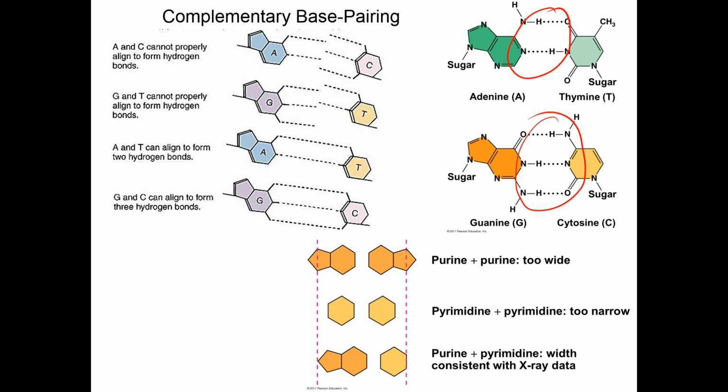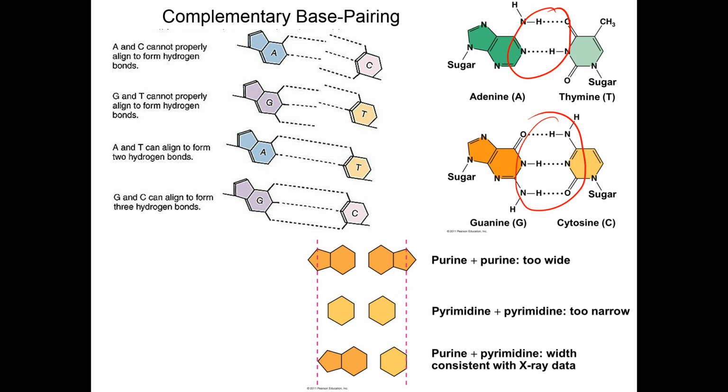It's always a purine with a pyrimidine. It's never going to be a purine and a purine or a pyrimidine and a pyrimidine. If it's a purine and a purine, the molecules are too close together to form these hydrogen bonds. They're right on top of one another. There's not enough space for them to move and shift. And if it's a pyrimidine and a pyrimidine, they're too far apart.